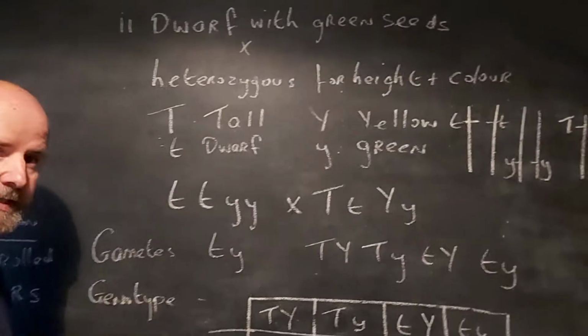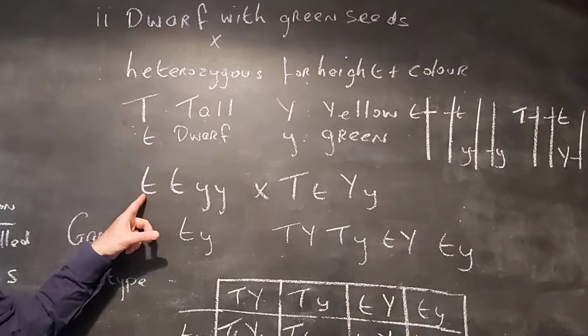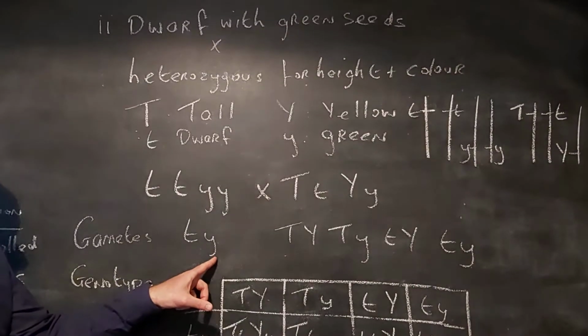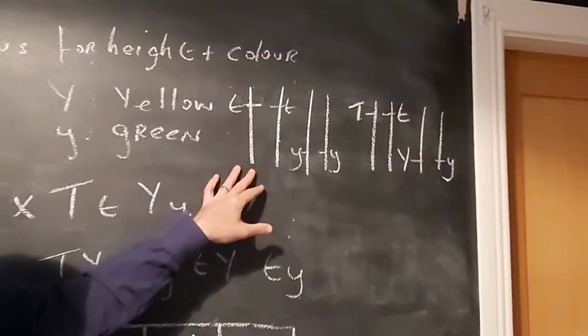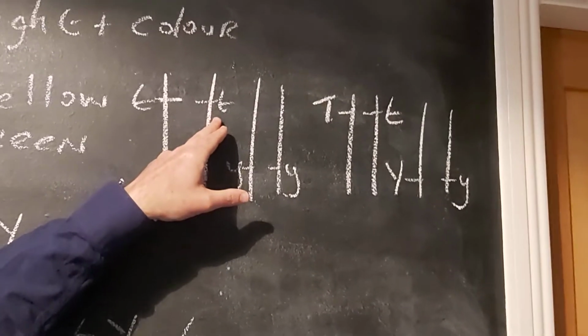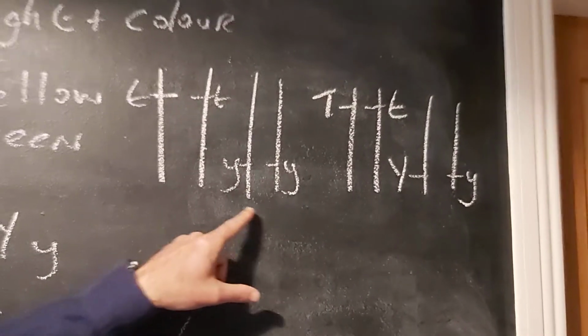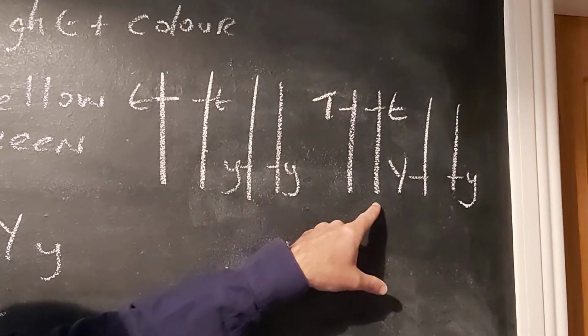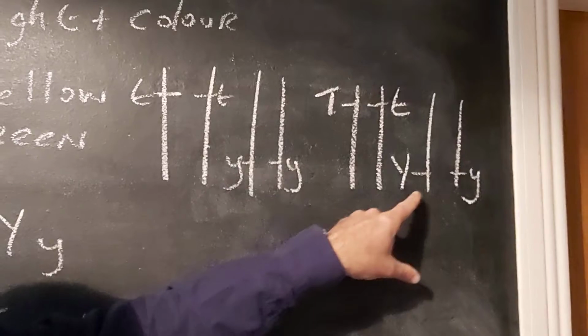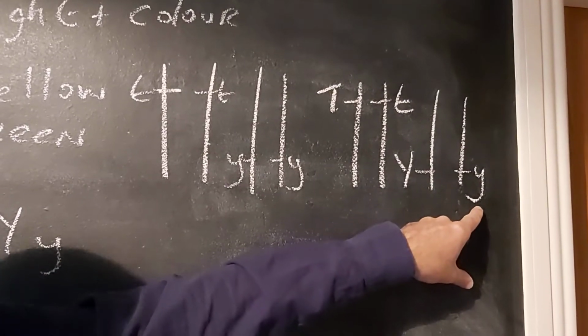Now the gametes for that are small t and small y. Because over here, these are the chromosomes. Small t, which is dwarf, small y, which is green. Big T, small t, which is tall, big Y, small y, which is yellow.